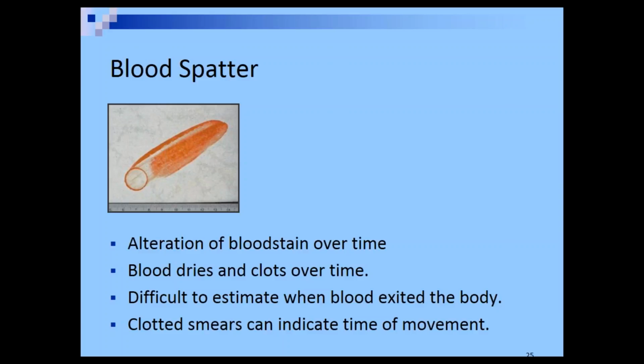And then some of the extra ones: satellite, cast off, expirated blood pattern, and then just recognize that blood is not just a normal liquid, it tends to clot, and that can give investigators some information as well. So you'll notice what we didn't talk a lot about is class characteristics, preliminary tests, confirmatory tests, individual characteristics. It's all more or less just understanding how blood behaves and then helping that assist your investigation.